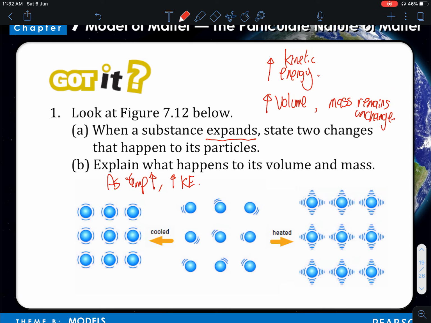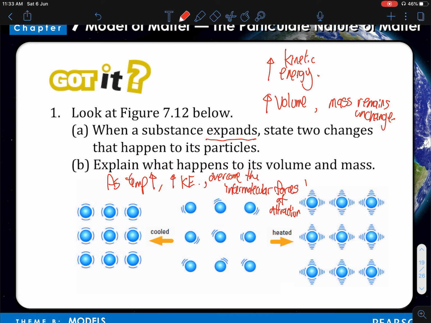And when the particles gain kinetic energy, they tend to vibrate faster, they tend to move faster, and hence they will overcome the intermolecular forces of attraction. And when they overcome the intermolecular forces of attraction, what is this?